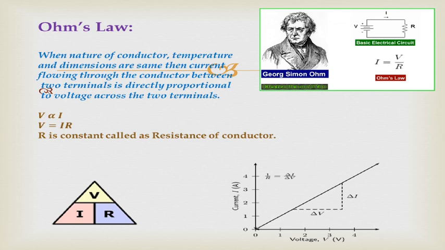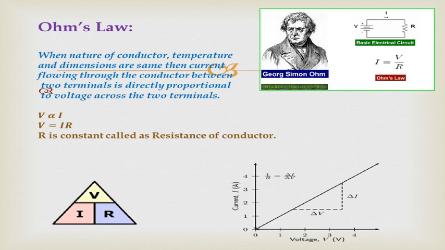How much current passes through the circuit is based on how much voltage is applied. So it is a direct proportionality relation. As it is defined, V is directly proportional to I. And if you put it into an equation, it is V equals IR, where R is some constant, and this constant is defined as the resistance of the conductor.